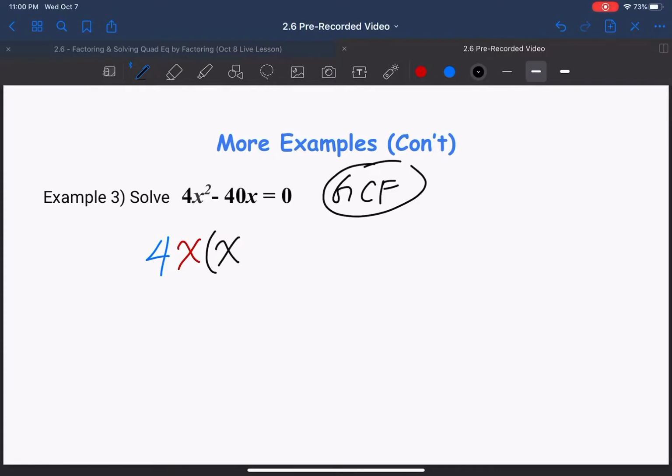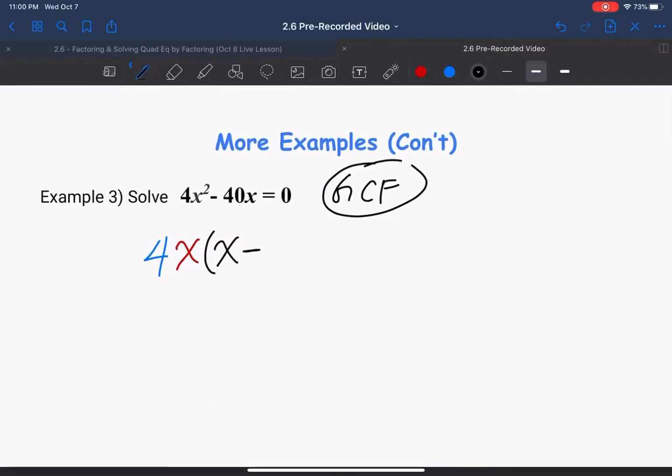X, right? x times x is x squared, minus, now I have to have a 40. 4 times what gives you 40? 10. And I already have x outside, so you don't have to write down x here. Equals 0. If you want to make sure your factoring is correct, you can distribute again.